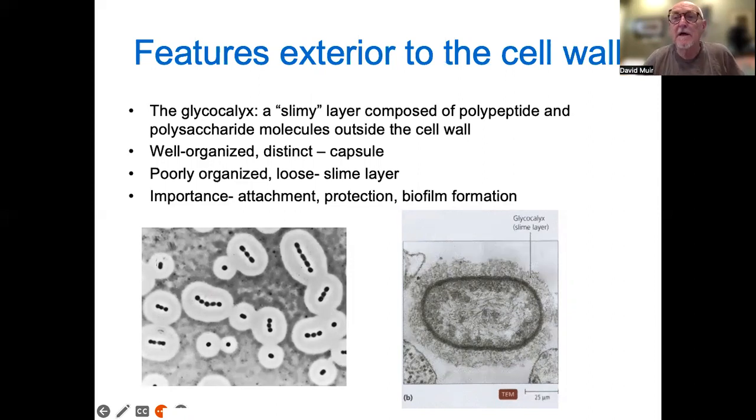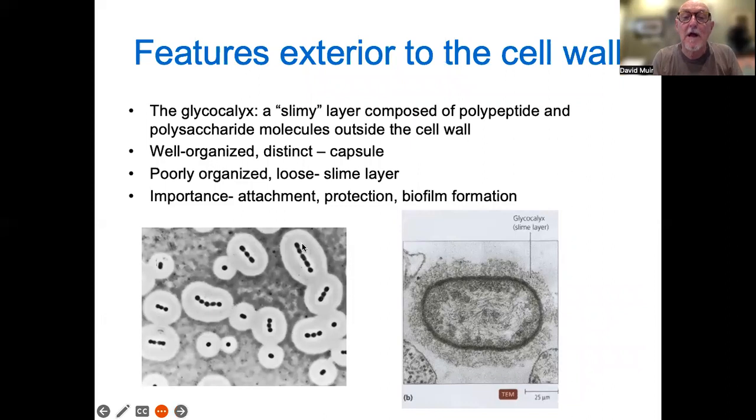Often attachment triggers the cell to go into high metabolic mode and begin growing rapidly and then dividing and so on. So it's an important environmental property to have a capsule, but it's also very important in pathogens. And the attachment of cells is often the first step in establishing a pathogenic relationship with the host.